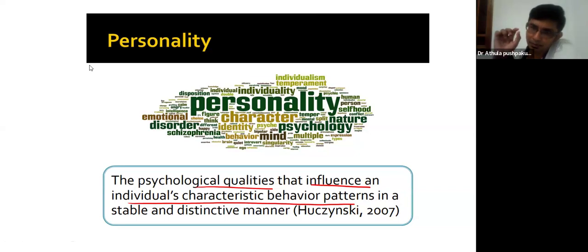Some like private education. Some like free education. For what? Because of their personality. Person to person differ. These psychological qualities, in fact, affect your behavior, right?